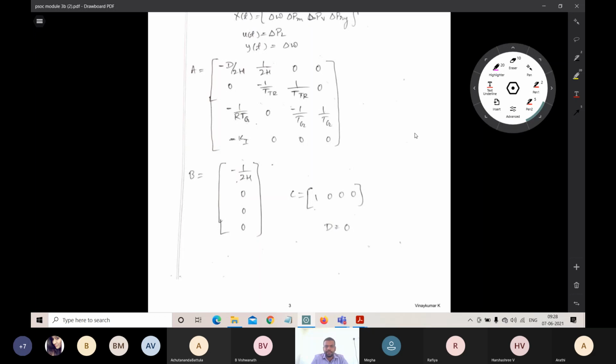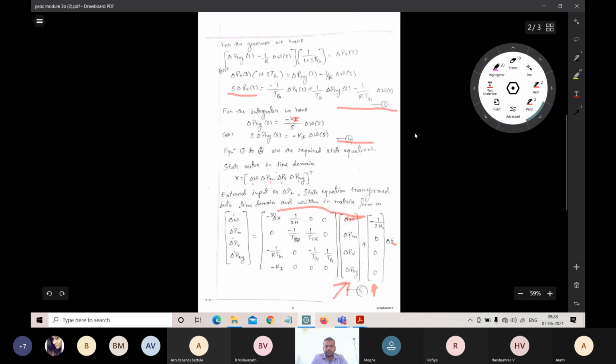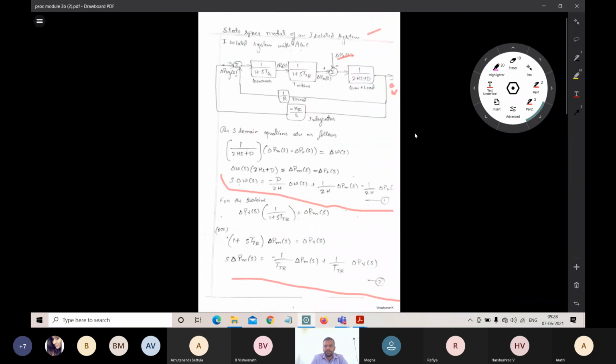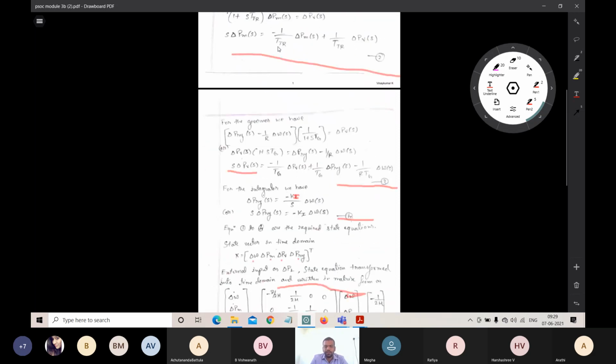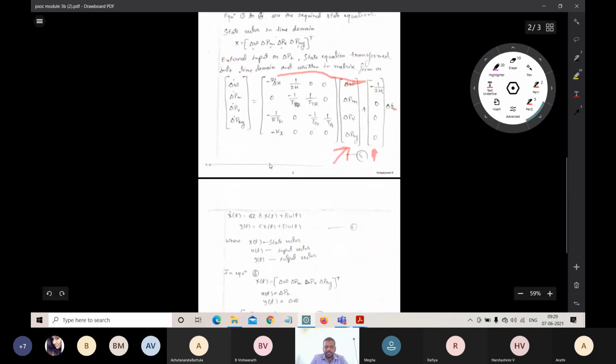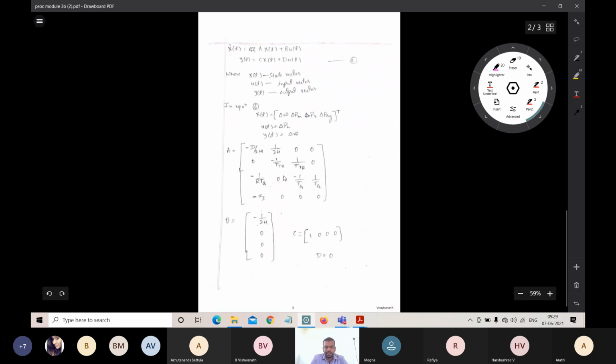Isolated. So normally this is asked for about 8 marks in your examination: the state space model of an isolated system. The question may be asked like, derive the equations for the state vector, or derive the equations for the state space model of an isolated system, or bring out the characteristics for the A, B, C, D vectors.